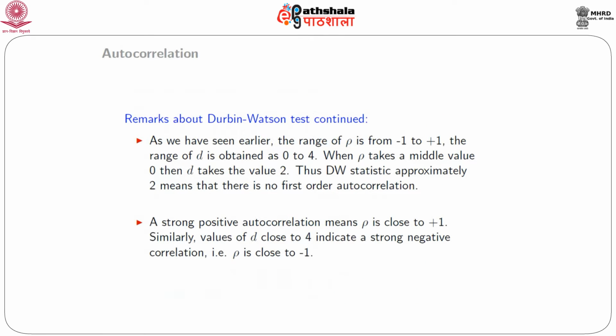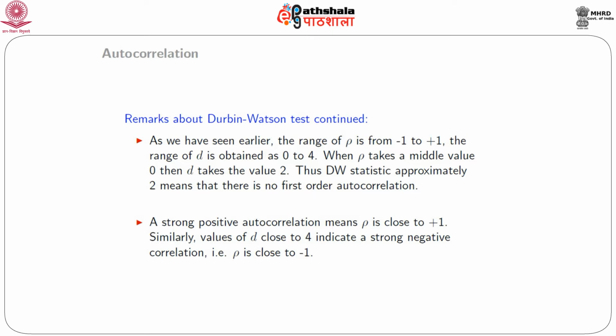The third remark about the Durbin-Watson test is that, as we have seen earlier, the range of rho is between minus 1 and plus 1, and as a conclusion we had seen that the range of d was 0 to 4. When rho takes the middlemost value 0, then d takes the value 2.